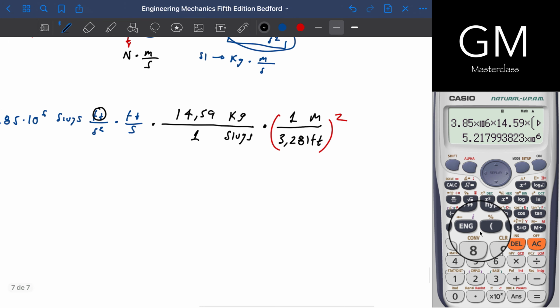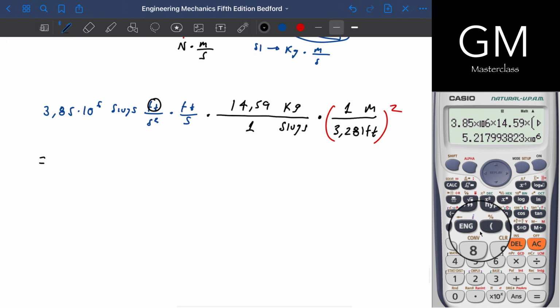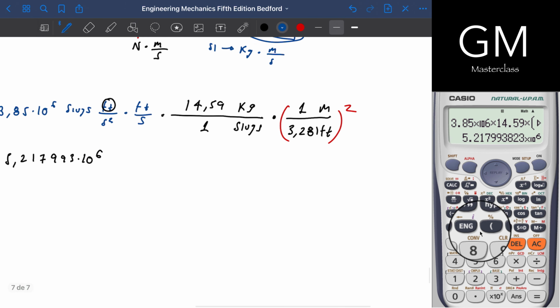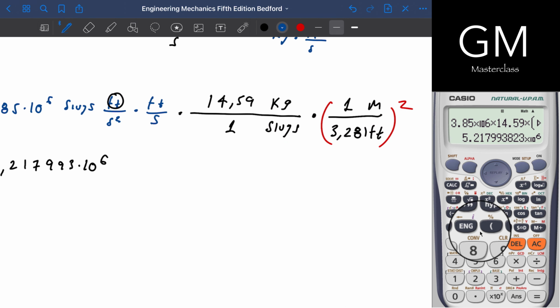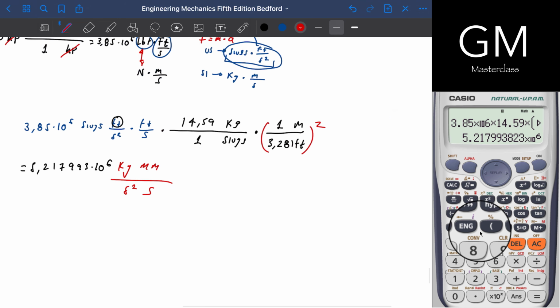Then the result is 5.217993 times 10 to the 6th power, and the result is in kilograms times square meters divided by seconds squared per second.